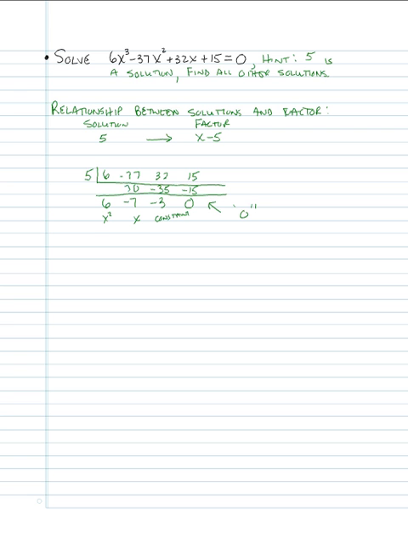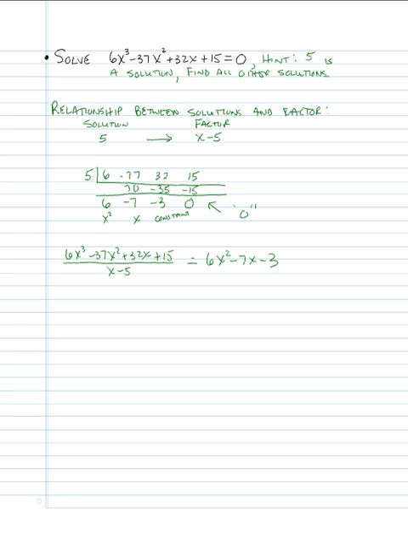So here's what we've got then. 6x cubed minus 37x squared plus 32x plus 15 divided by x minus 5 gives a quotient of 6x squared minus 7x minus 3. That's the quotient.